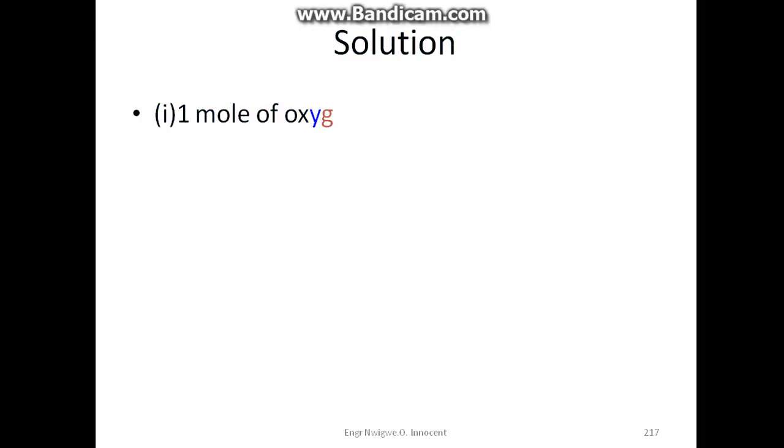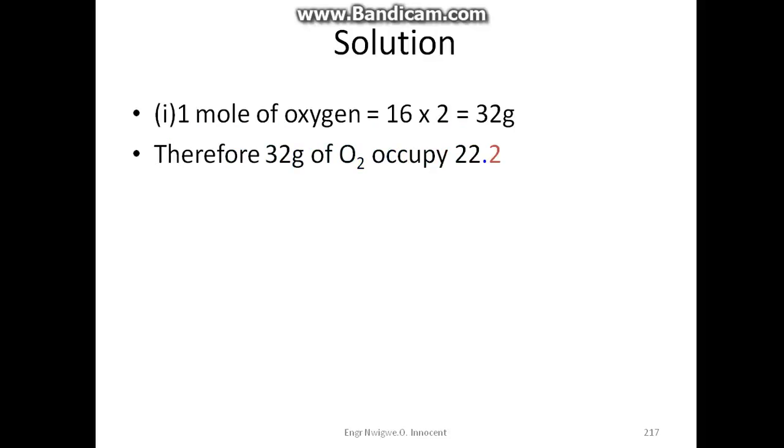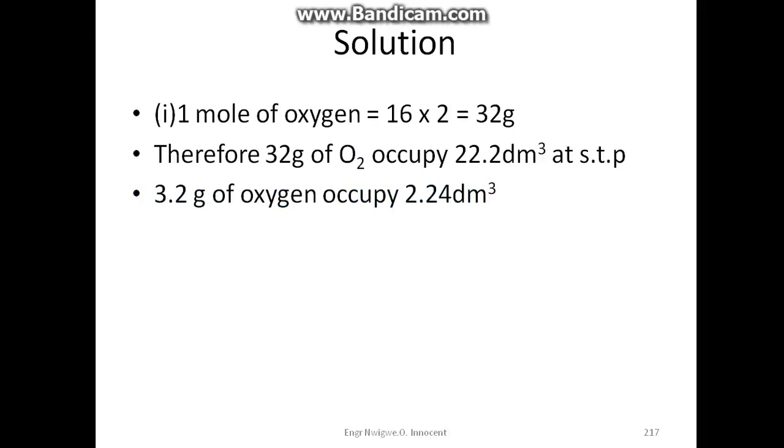Solution: for number 1, 1 mole of oxygen is now equal to 16 times 2, which will give us 32 gram. Therefore, 32 gram of oxygen occupy 22.4 dm cube at STP. 3.2 gram of oxygen occupy 2.24 dm cube.